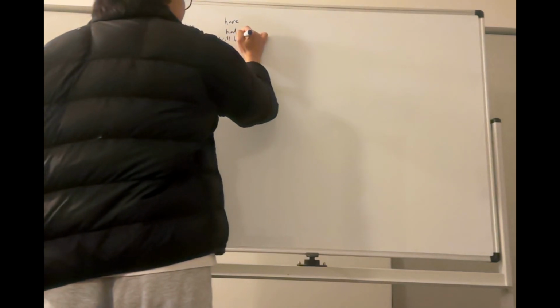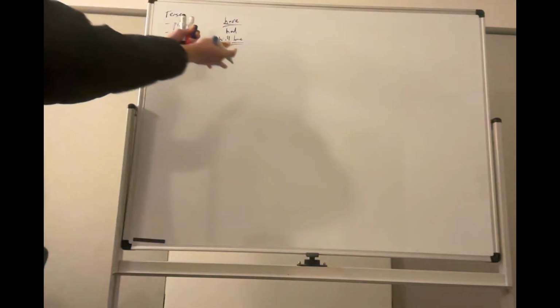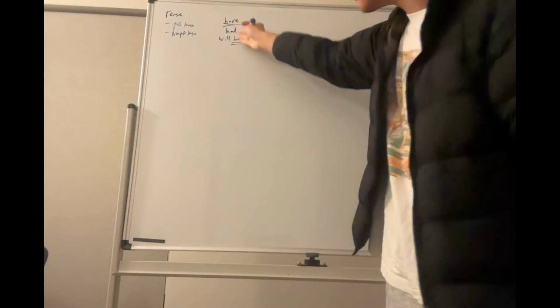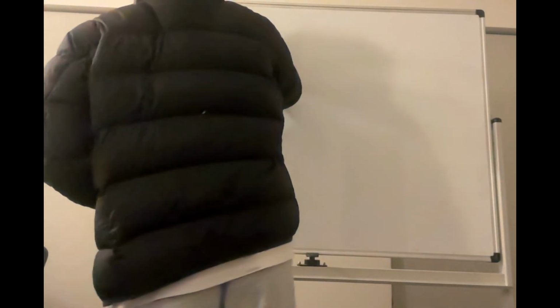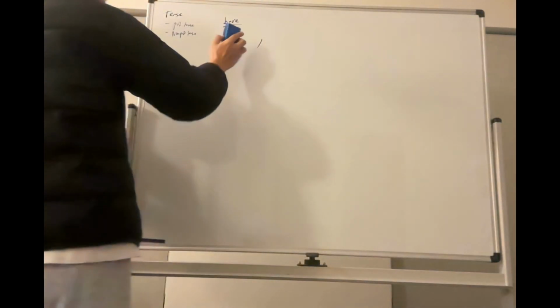Will have. It's the same word. It's literally the same word. This is a different word. These are the same words. They're the same damn words, okay? This is not a tense.